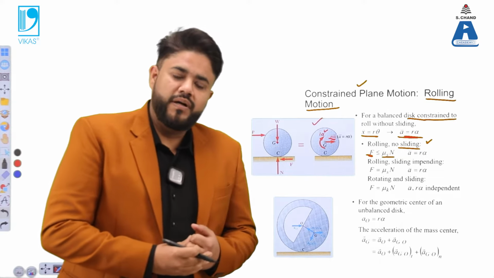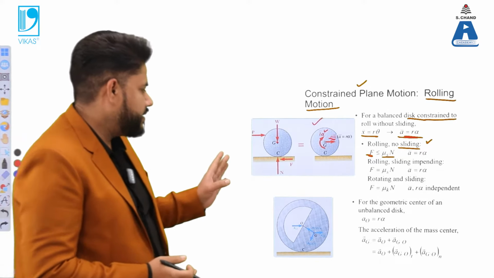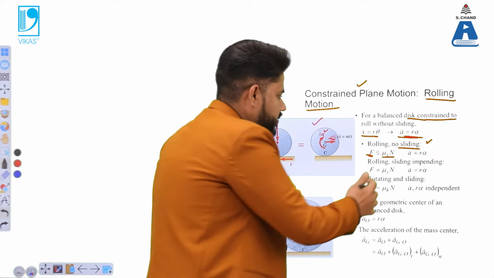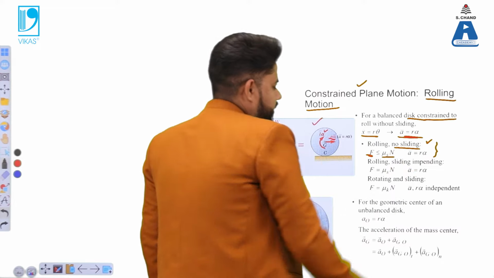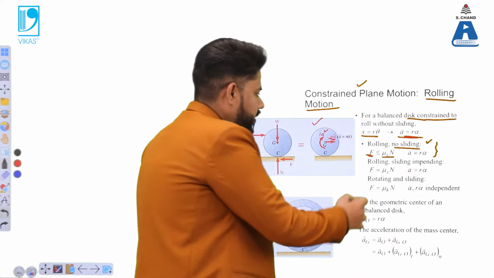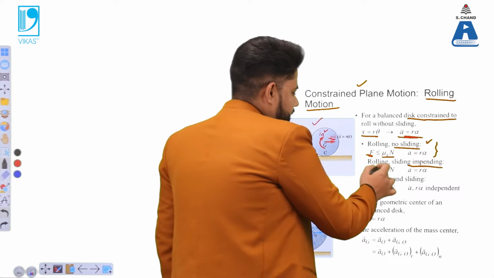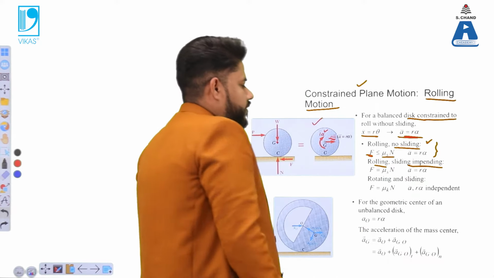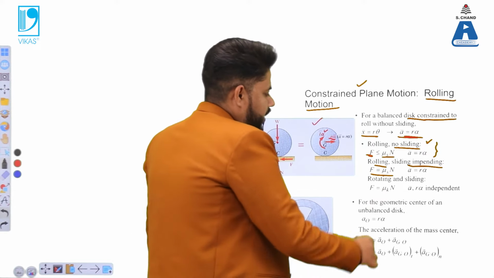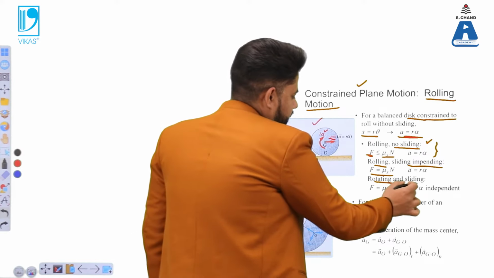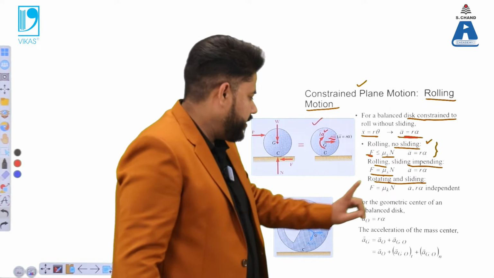In that situation, when there is no sliding, you have to keep in mind that this relation is true. If there is sliding and that sliding is impending with rolling, then F is equal to mu into N. And if both rotating and sliding action are there, then this constant changes.